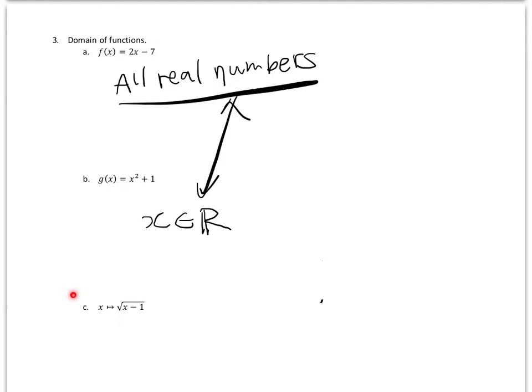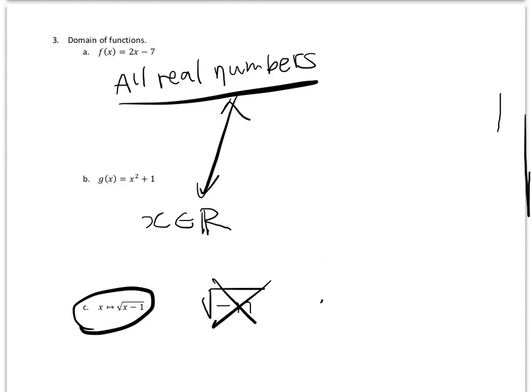Right here, this is the square root function, we call it. We're going to learn that later on. Inside the square root, if you have negative numbers, that doesn't make sense. Square root of 9 is 3 because 3 squared is 9.